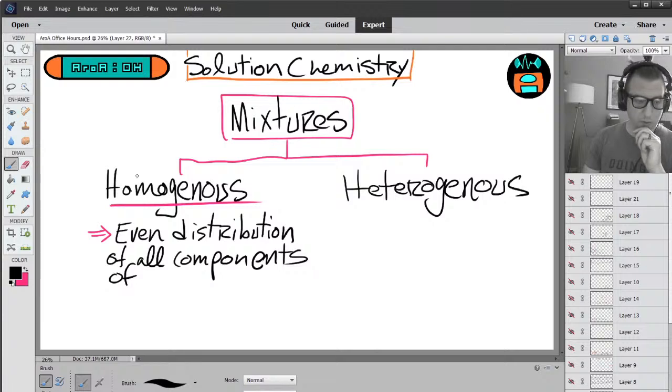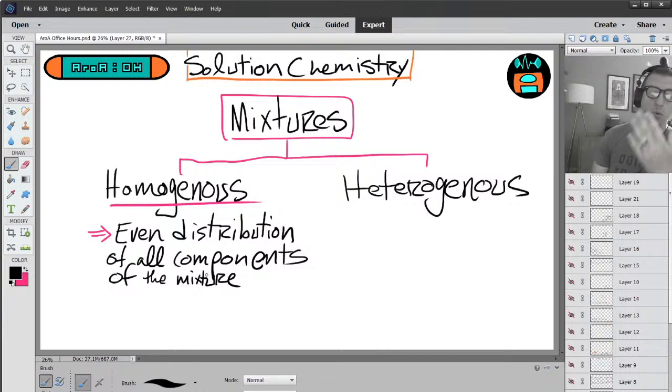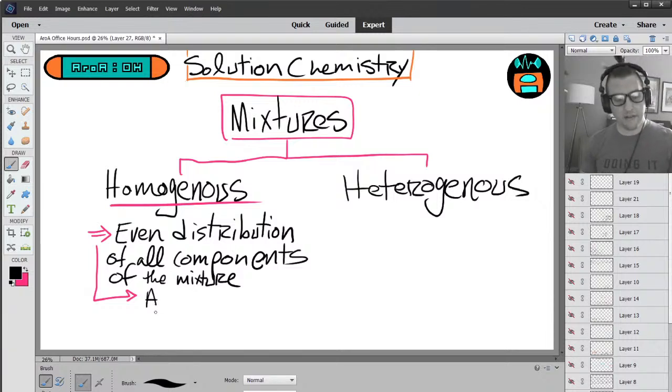components. So in a homogeneous mixture, you have an even distribution of all components of the mixture. An example of this would be cream in coffee.